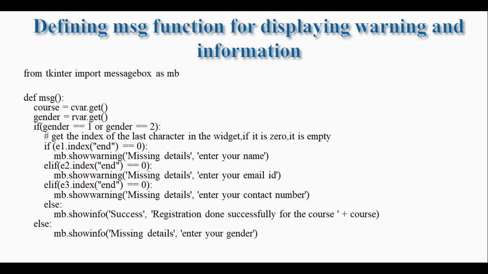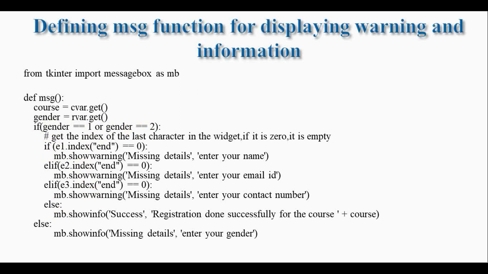The first condition within this outer if is an inner if else condition here. We have 3 entry widgets there, e1, e2 and e3. I am checking whether the user has filled the name, email ID and the contact number. So if e1.index of end is equal to 0, this index function returns the index position.